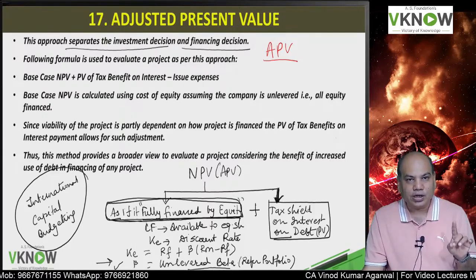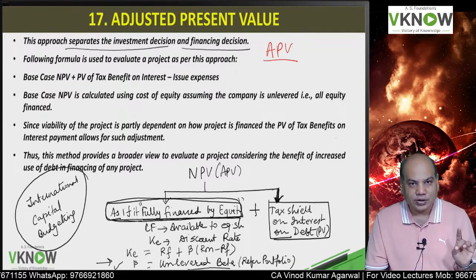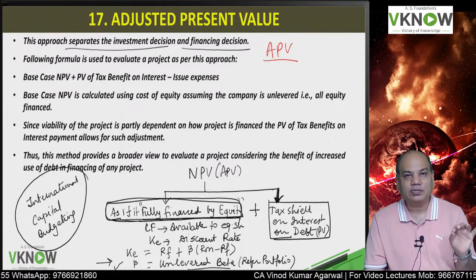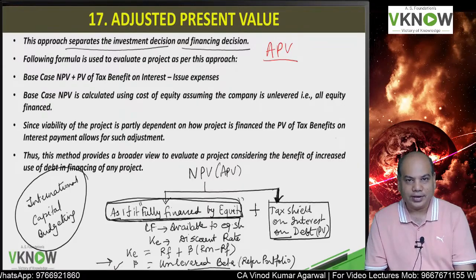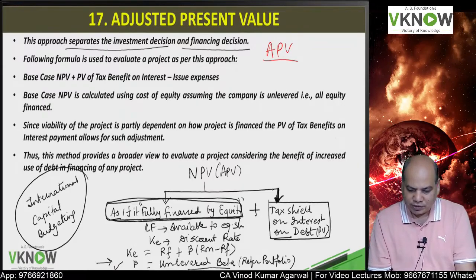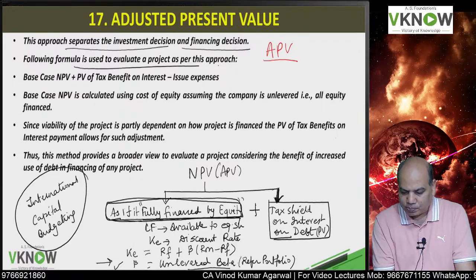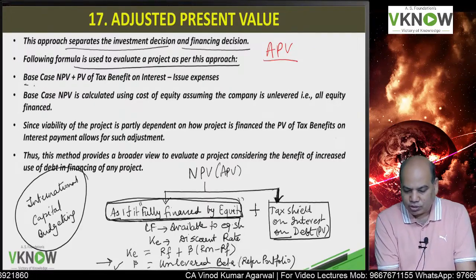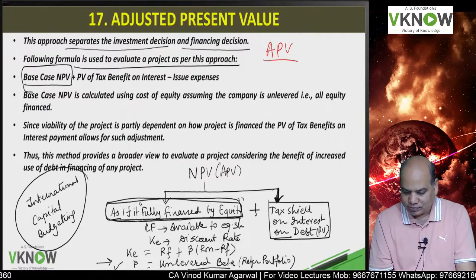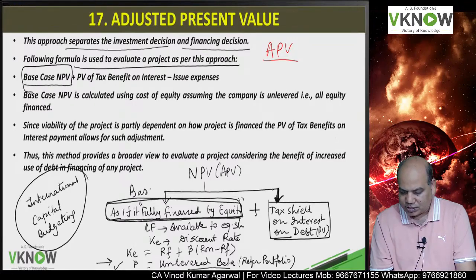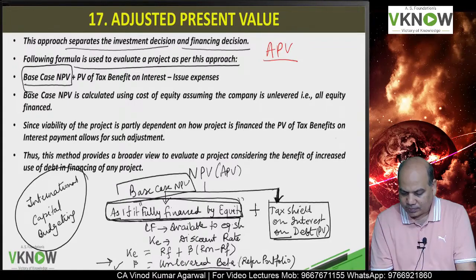First compute the value of the firm as if it is an equity financed company, add present value of tax shield on debt, that is the adjusted present value method. So how do I compute the NPV? First you compute base case NPV. What is base case NPV?